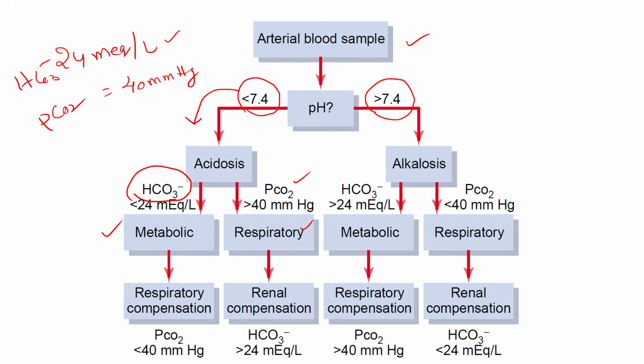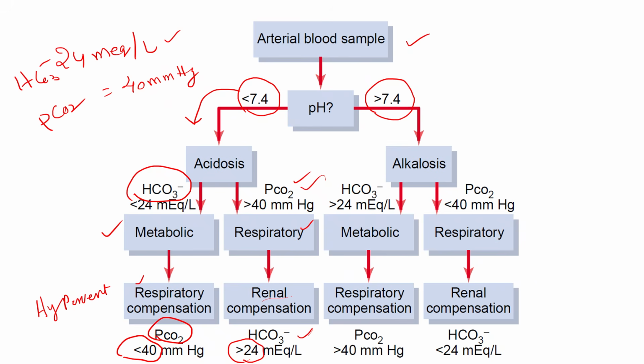Okay, now compensation. So if there is acidosis, respiratory compensation is simply hyperventilation. So if there is hyperventilation, CO2 is washed out and its value goes less than 40. And now if pCO2 is increased, that is called respiratory acidosis, and the renal system compensates that by reabsorbing the bicarbonate. So bicarbonate value will be more than 24 milliequivalents.